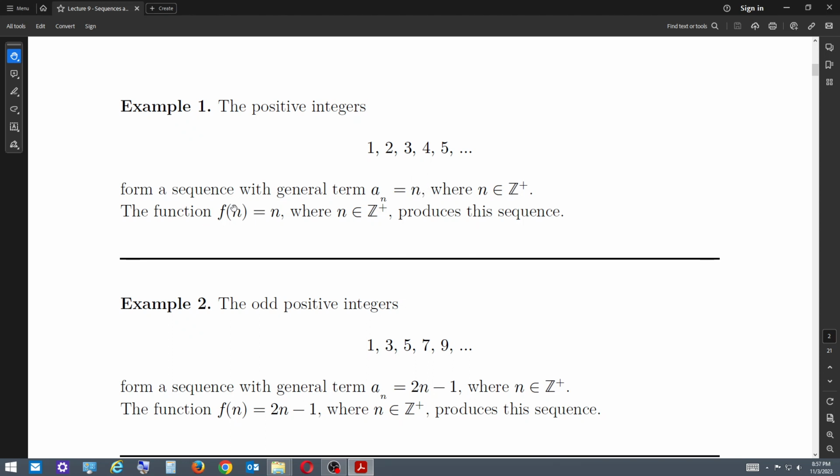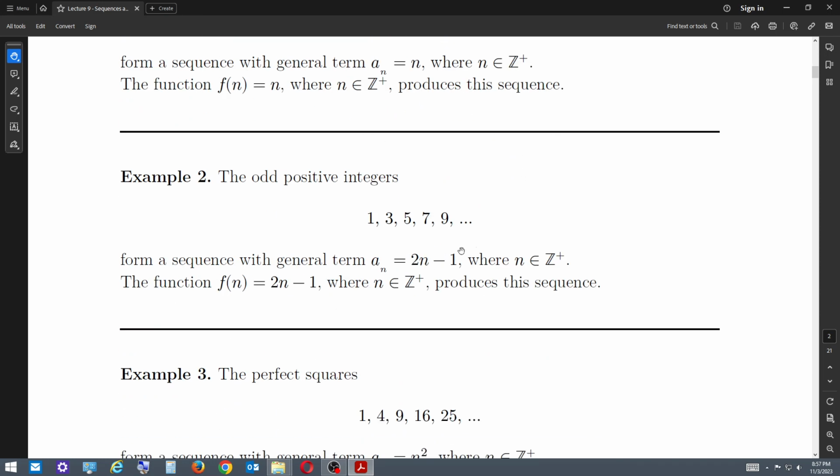Now the function f of n is equal to n is said to generate this sequence, because if we take the general function f of n equal to n, where n could be a real number, and replace n with a positive integer, then that will give me the terms of the sequence. The function itself provides values for many more values in the domain, but we are only concerned with these which it generates.